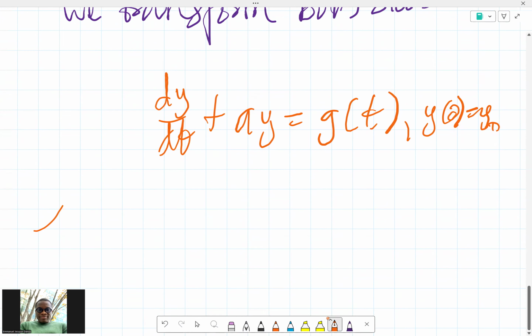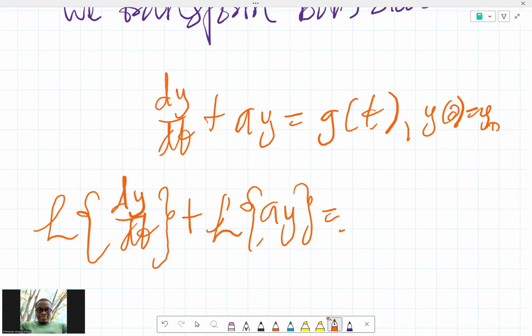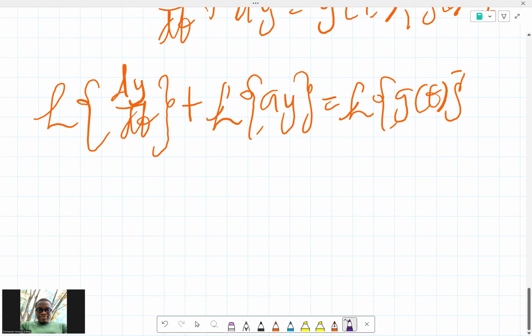So we have the Laplace of dy dt, that's the linearity applying now, and the Laplace of ay, and then equals the Laplace of g of t. That transforms to, for dy dt, s Y of s minus y of 0.